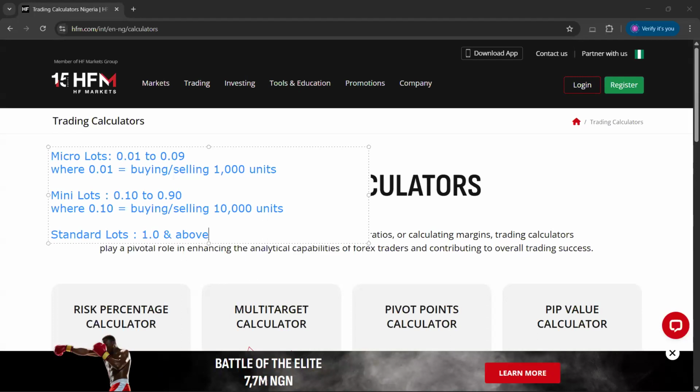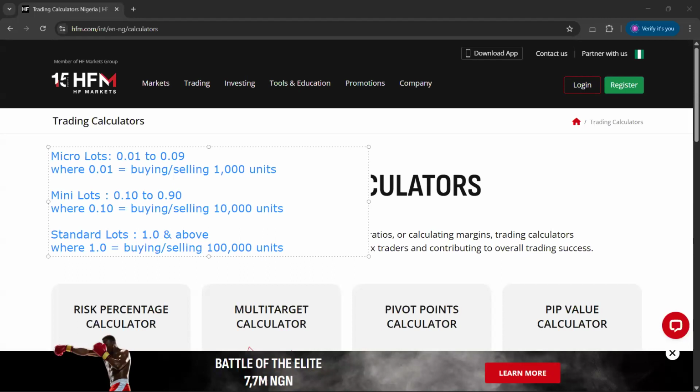So we're going from the micro, which is small, down to the mini, down to the standard, right? This one also says where 1.0 equals buying or selling 100,000 units of the asset in question.